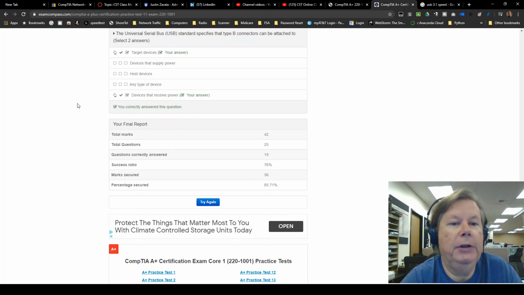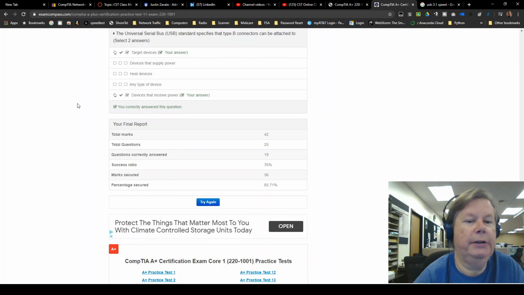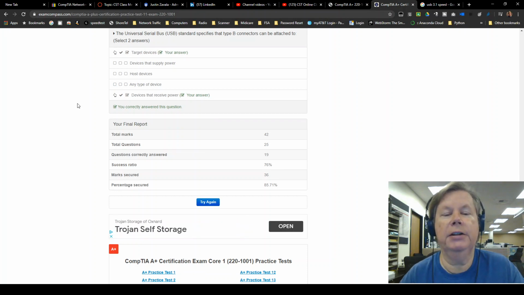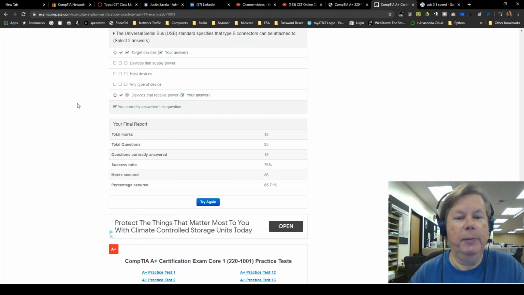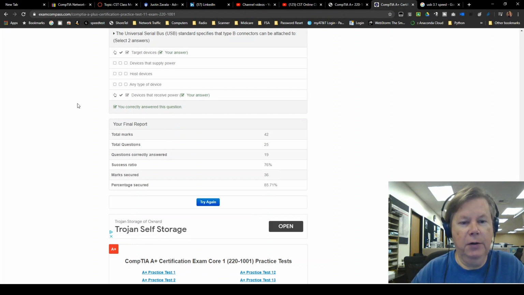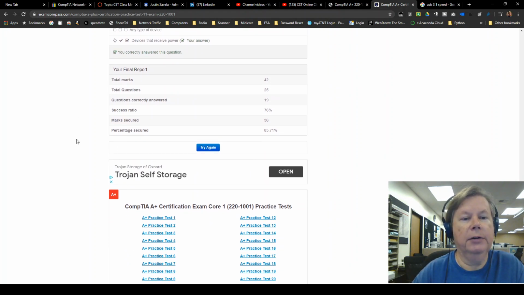So that would be the receiving device, and that would be receiving the power. So that's the way to power up a device. That's why we don't have to add additional power to something like your webcam or your flash drive, because the USB Type A connector is connected to the host and supplying that 5 volts of power.